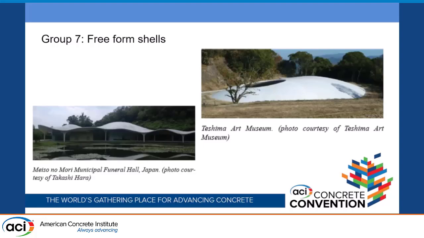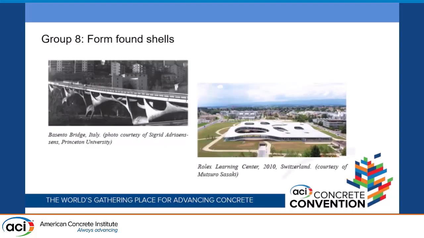So then we have form-found shells. Now these sound a lot like freeform, but the difference here is that generally you've got some points. So like for this bridge, you've got some points down here where you have the boundary conditions. You've got a highway or a river here, so you've got to have your boundary conditions here, and then you've got to support the bridge deck here.